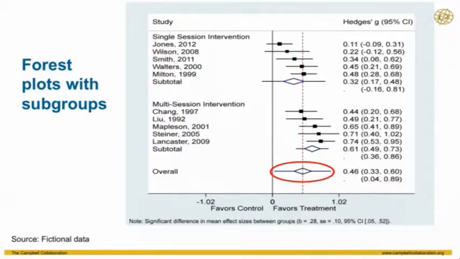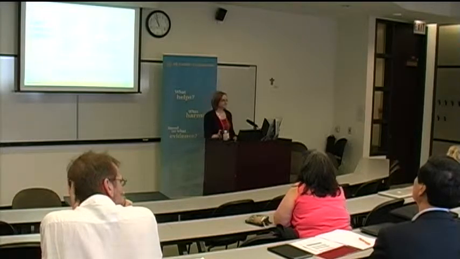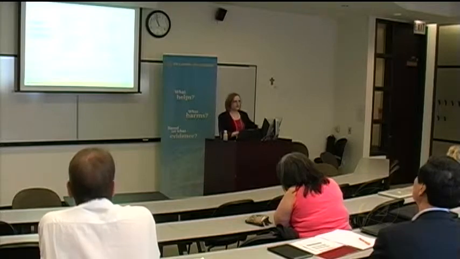Yes? Does the size of the diamonds, I mean, there are prediction intervals, of course, but normally the size of the diamonds also. Yes, the question is whether the size of the diamonds for the mean effects is proportionate to the amount of information covered in those effects.